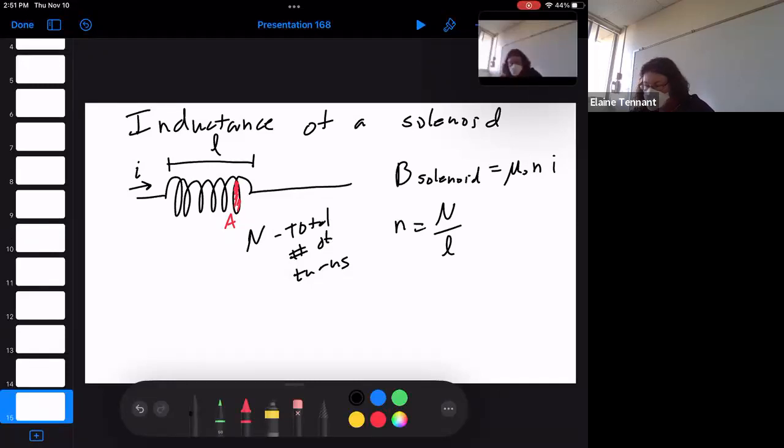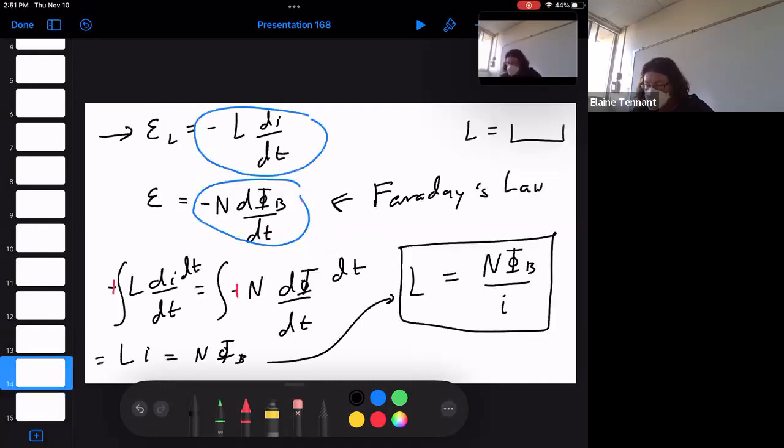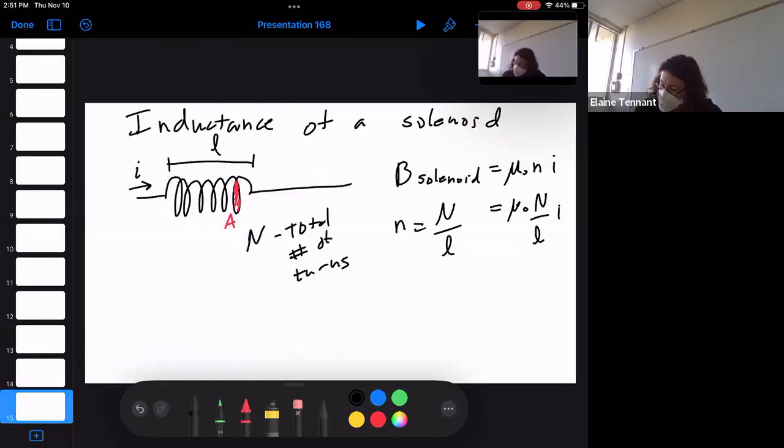Okay, that's pretty good. Next thing I want to look at, and I'm going to want to write this as the total number of turns per length, just because I know my inductance equation has a total number of turns. So that'll be nice to have. Next thing. So I have my inductance equation, where it's the total number of turns of this solenoid times the magnetic flux of the solenoid divided by the current.